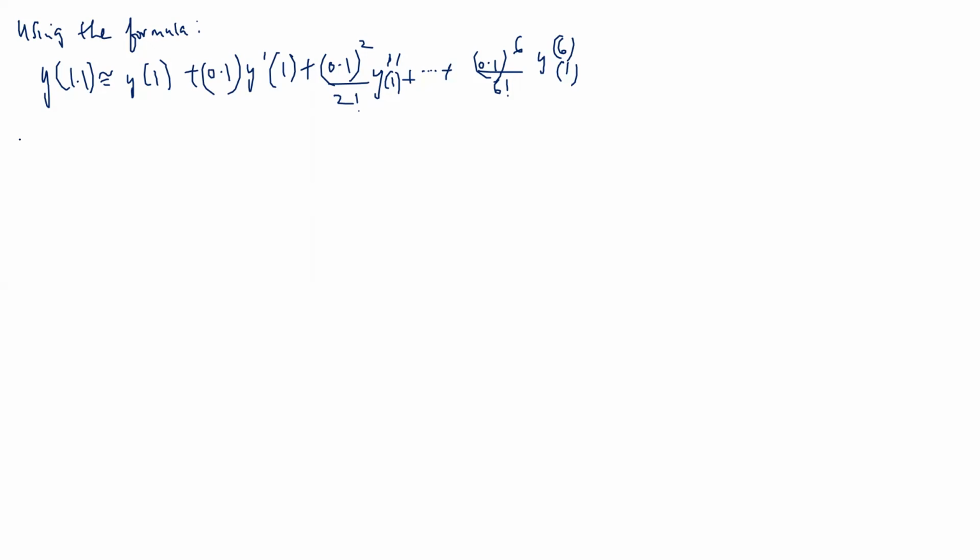But we substitute everything we got. We can remember some of them, and the things we don't remember, like y at 1, we already know from the initial values is 1.